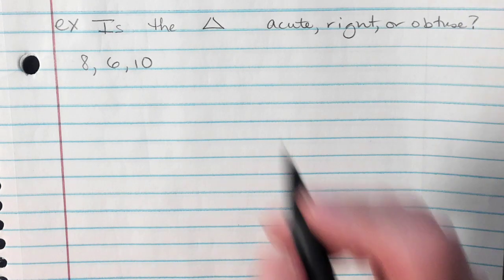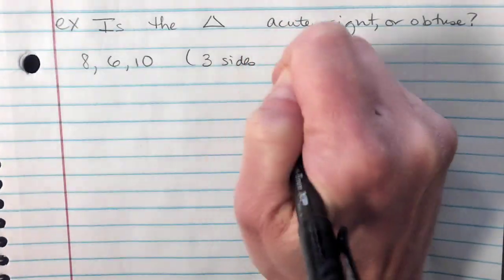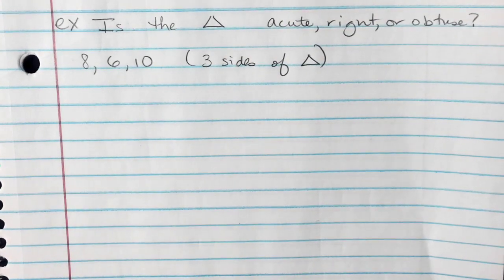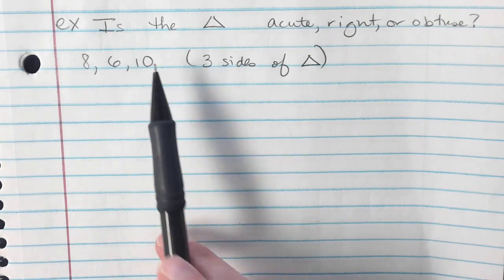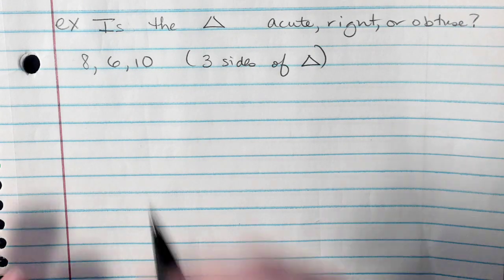And so these are the 3 sides of a triangle. And there's really only one identifying thing that matters. We have to identify c. Now in Pythagorean theorem, c is the hypotenuse. That has to be the longest side. So I'm not saying this is the hypotenuse. I'm saying we're going to treat c as the longest of the 3 sides.